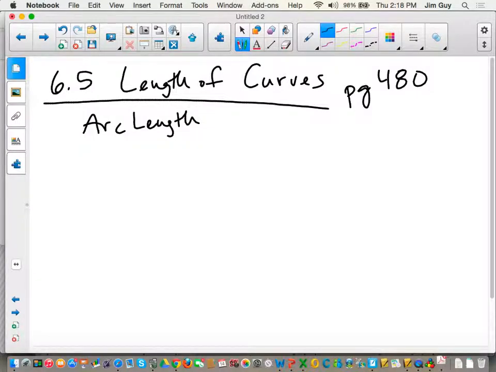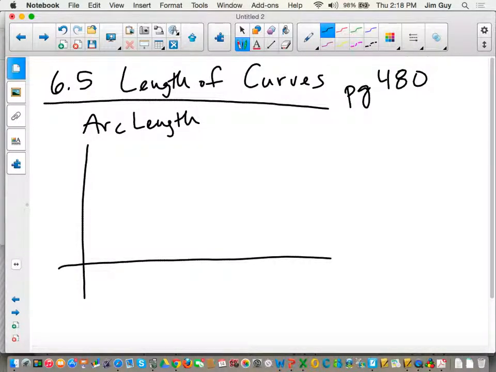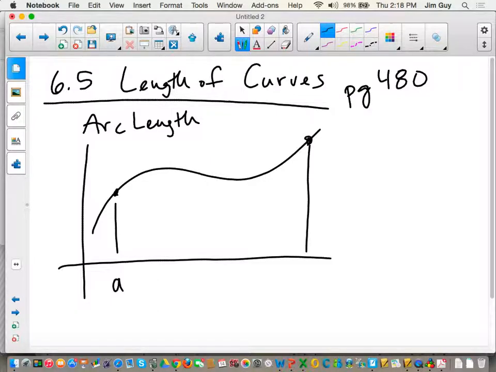Now we're going to find out how to do anything. Find out how long it is from point A to point B. So in other words, if I trace that in red, we're trying to find out how long that is.